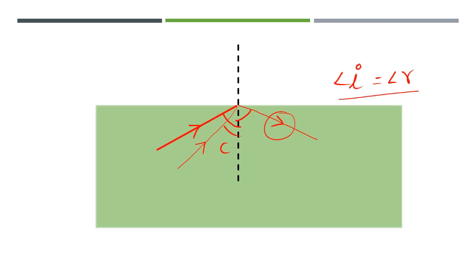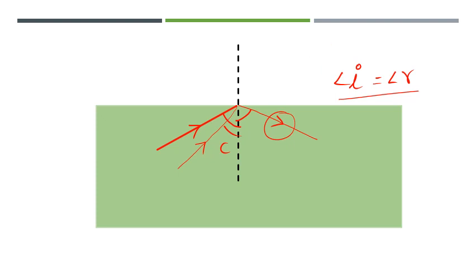So what we find here, when the angle of incidence is greater than the critical angle, then the ray of light reflects back in the same medium and it follows the law of reflection.